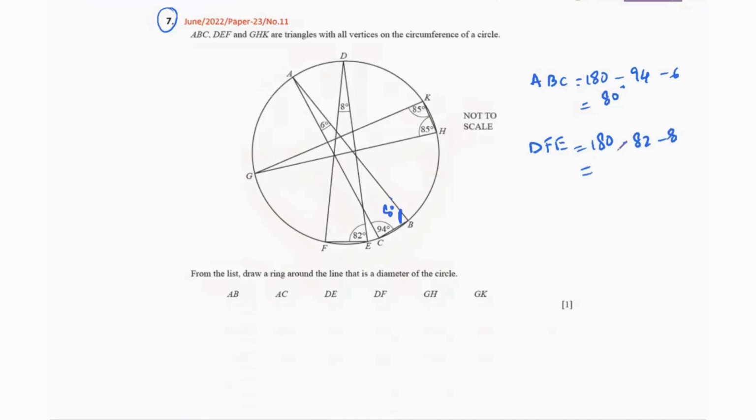That's going to be 90 degrees. This one is giving a 90, which means DE is the diameter, because the angle coming out of this, which is going towards the circumference, is 90 degrees. So this line is the diameter.